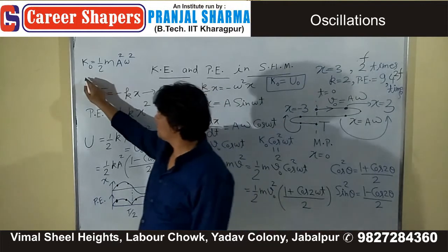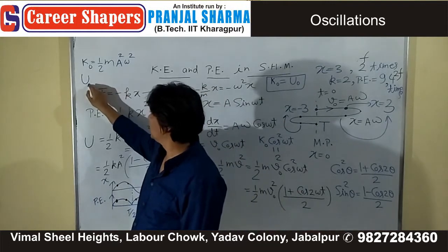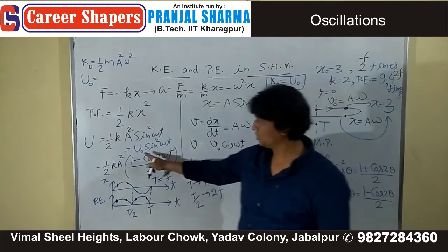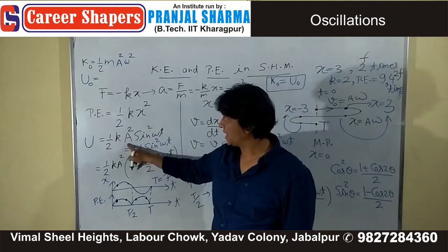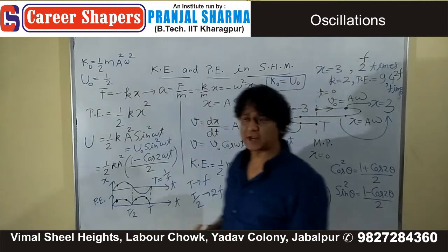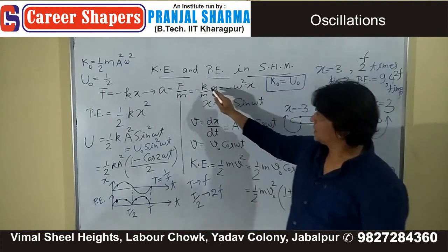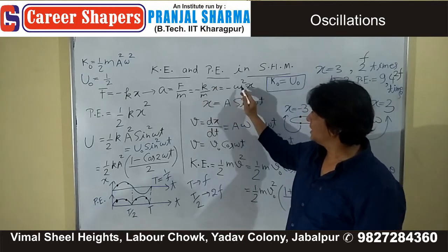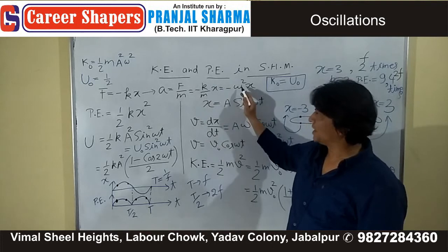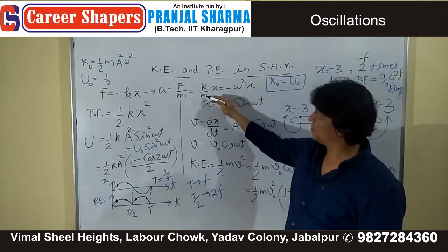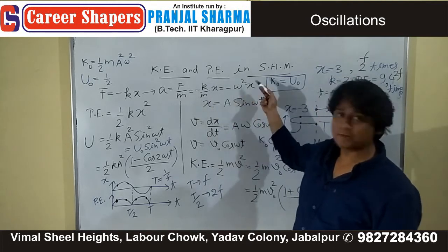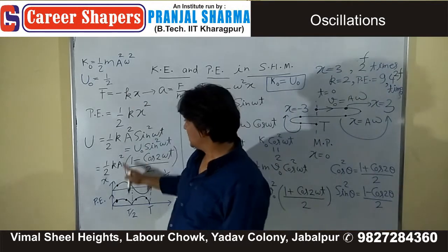Now let's find out maximum potential energy, U naught. What is maximum potential energy? U naught is half K A square. What is K? Look here. K upon m is omega square, and therefore K is m times omega square.